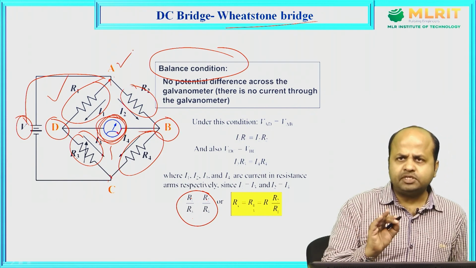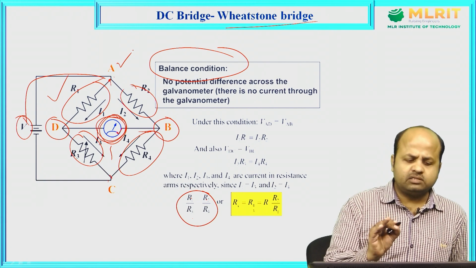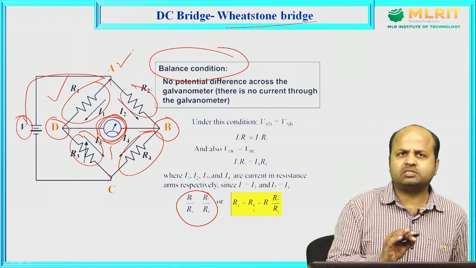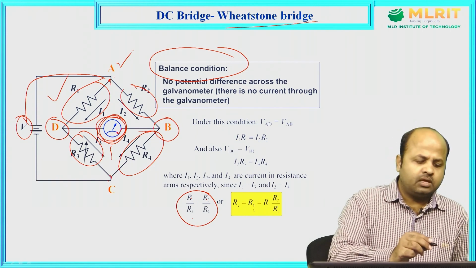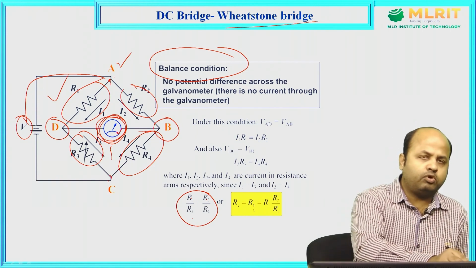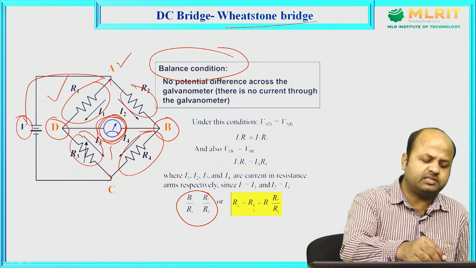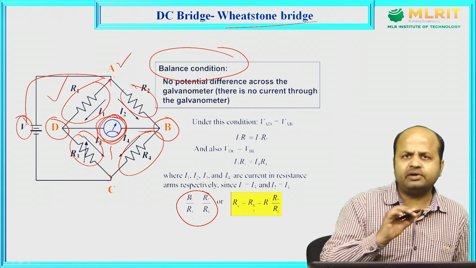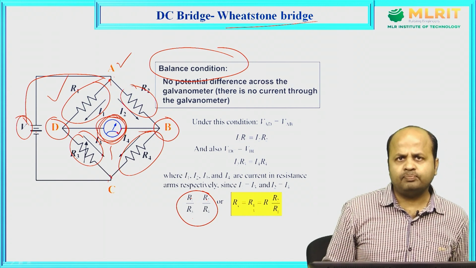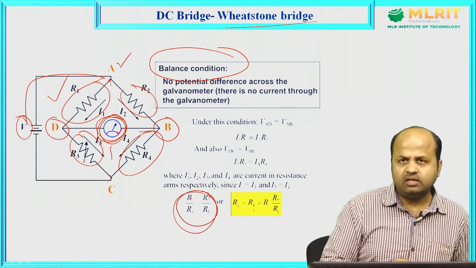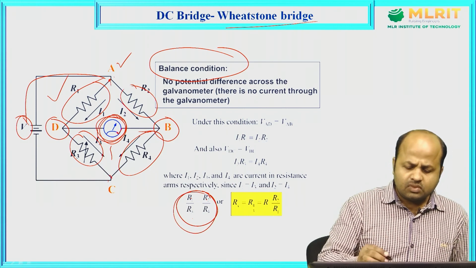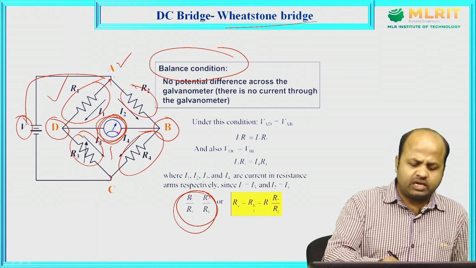So the Wheatstone bridge consists of 4 resistors connected in a closed loop fashion as shown in the diagram, with one voltage source connected in one diagonal AC and a current detector connected in the other diagonal. Whenever the bridge becomes balanced, you apply this formula. In this way we can calculate.